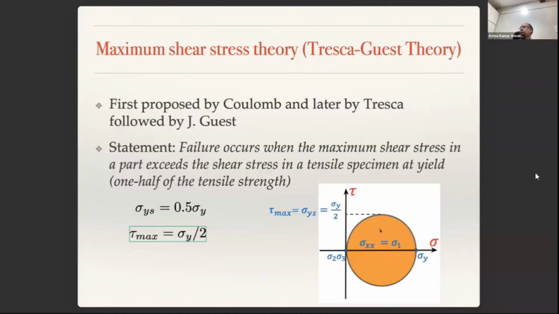But when the maximum shear stress reaches sigma y by 2, that is when failure happens. So failure occurs when the maximum shear stress in a part exceeds the shear stress in a tensile specimen at the yield point. You look at the maximum shear stress tau max in your Mohr circle, and when tau max becomes sigma y by 2, that is when yielding occurs. Otherwise, the material is safe.